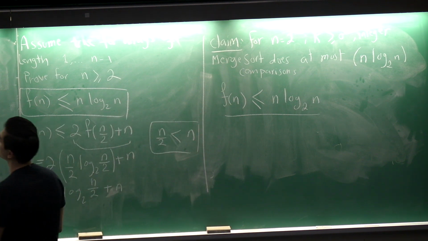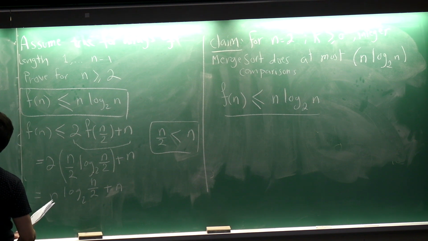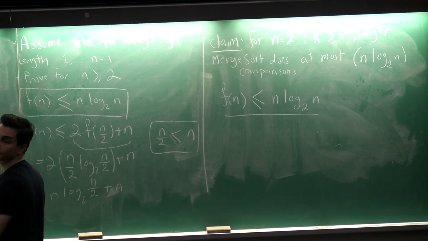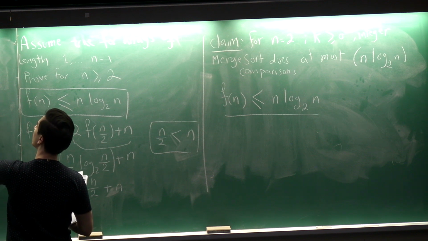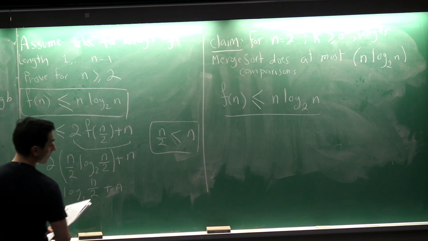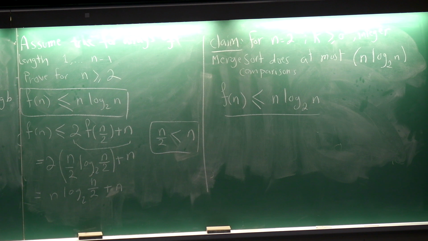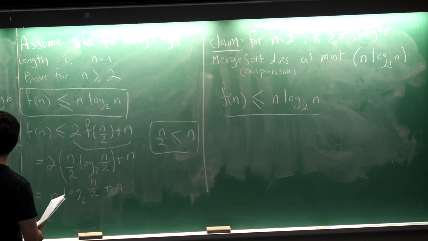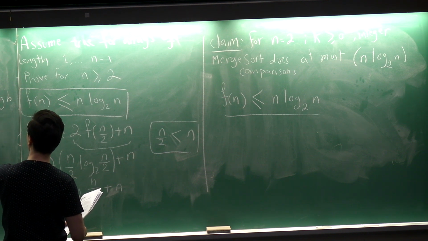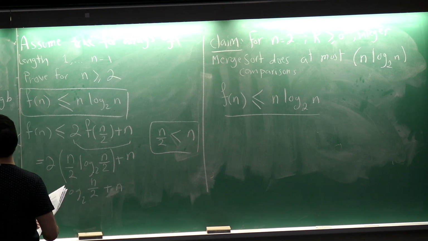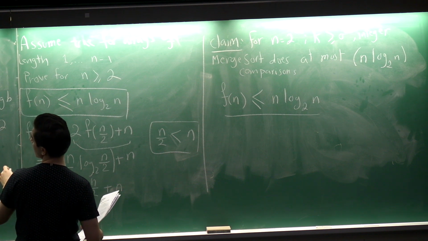Do you guys remember this? What is this? Absolutely. So let's try to use it here. So log base 2 of n over 2 is going to be log base 2 of n minus log base 2 of 2, which is equal to log base 2 of n minus, what is this? That's 1, right?